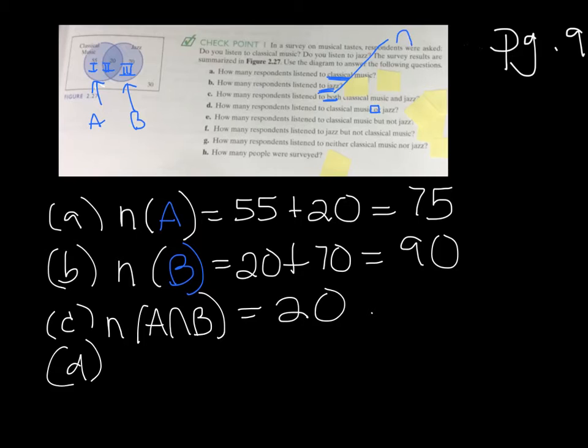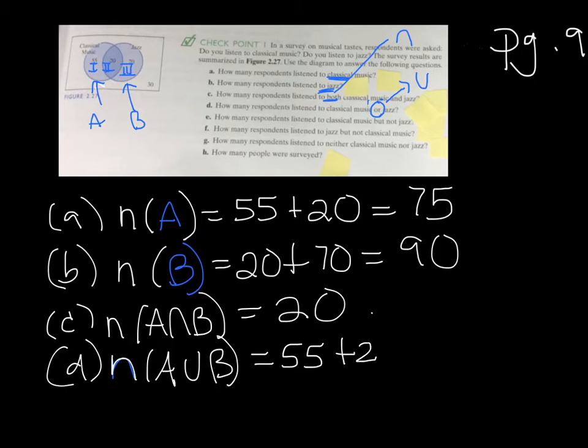Both implies the intersection, but this is an or, which implies the union. So we're finding the cardinality of A union B. That's 55 plus 20 plus 70, so that's 90, 145. So 145 people like to listen to classical music or jazz.